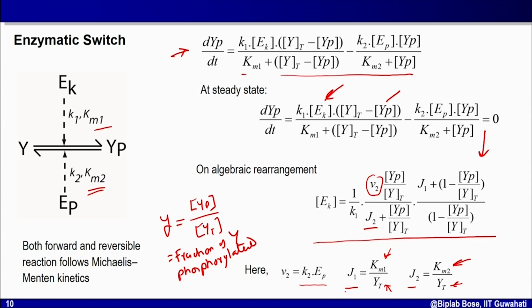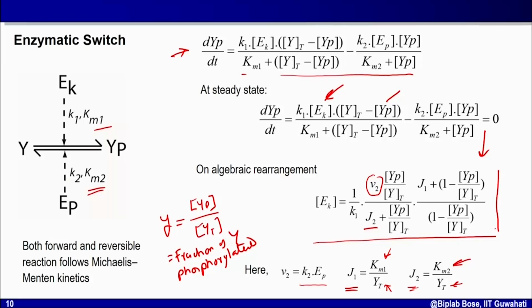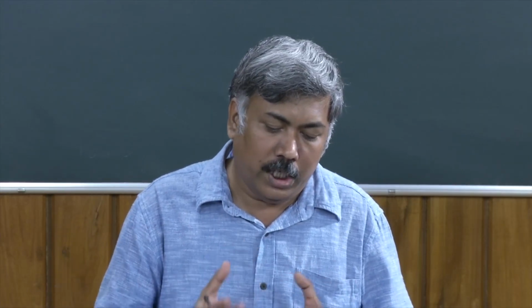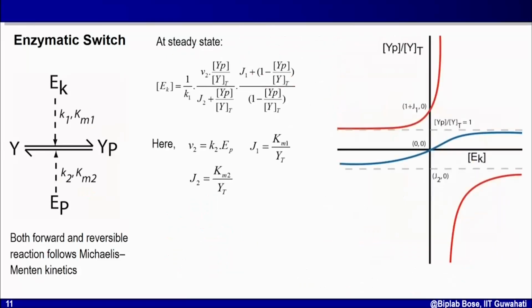This J1 and J2 will be crucial in our discussion. So we have to keep in mind these are nothing but the ratio of the Michaelis-Menten constant and the total amount of the substrate, that is Yt. So what I have is an algebraic relation giving Ek on the left hand side, and Yp by Yt, that is the fraction of phosphorylated protein, on the right hand side, in terms of J1, J2 and V.